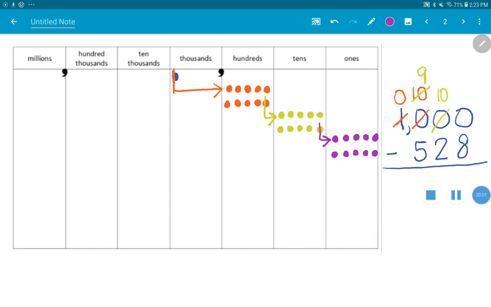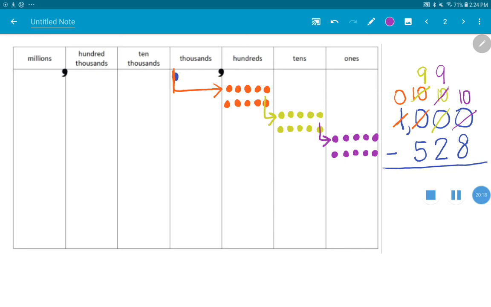So now let's show what we did in our problem. I don't have 10 tens anymore. Now I have 9 tens. How many ones do I have? I have 10 ones.